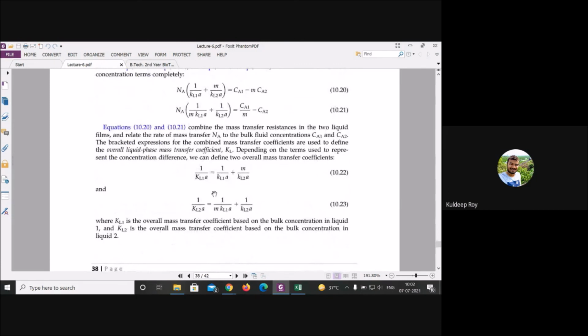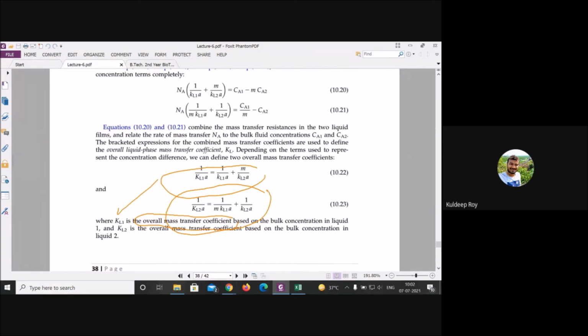And what they did, they converted it into this particular format. Now you can see this format. They added one term called the overall mass transfer coefficient, KLA1. Based on that expression, you can easily quantify the overall mass transfer coefficient at the interface.